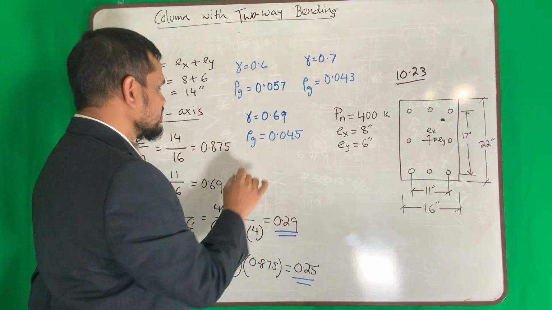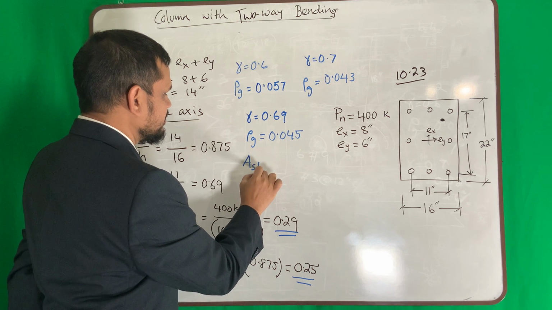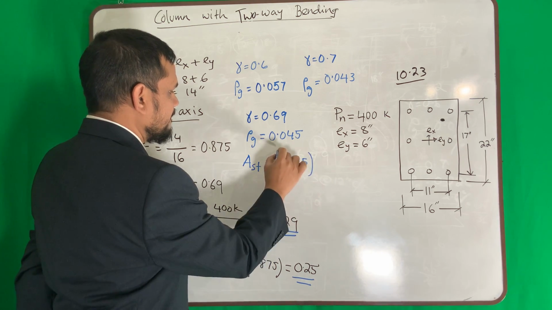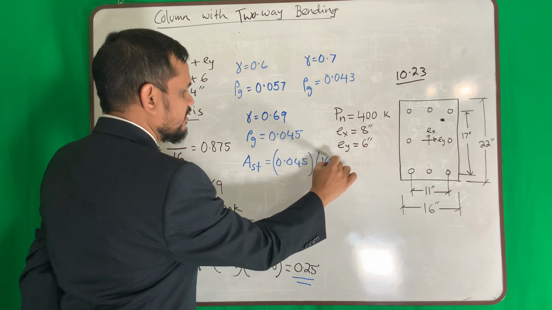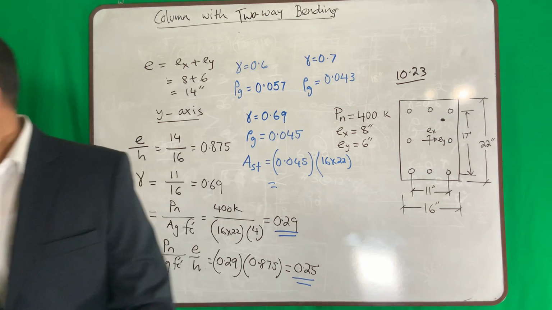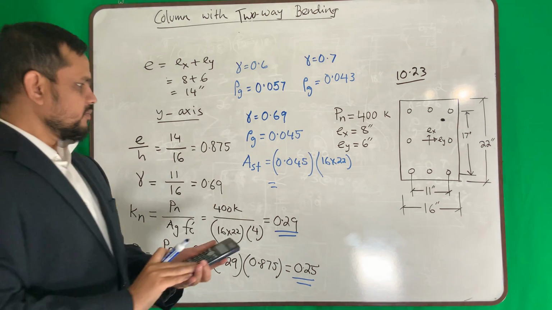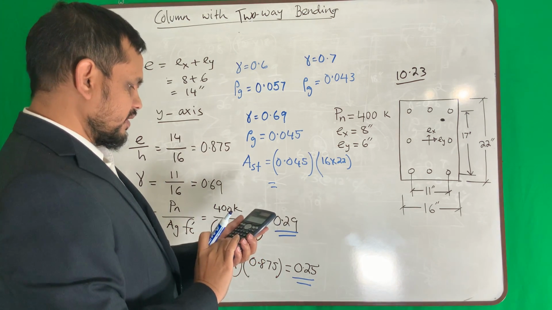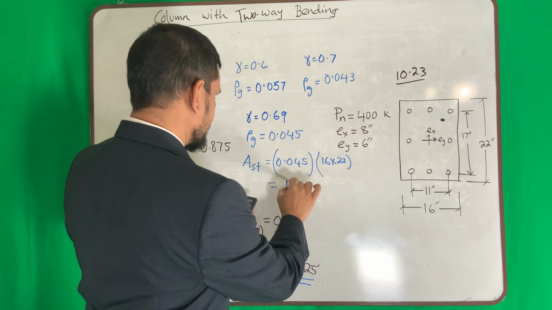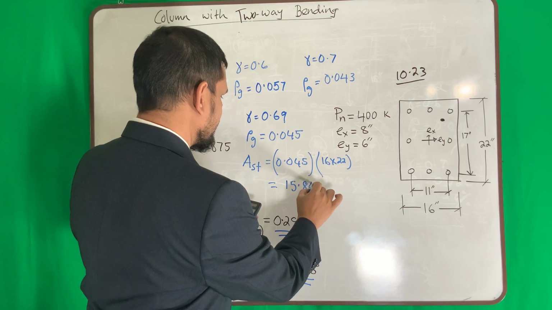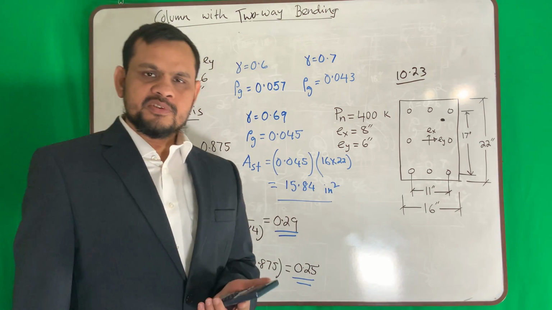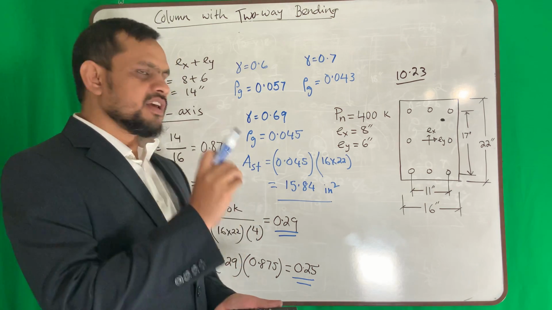So we got our rho g. Then what will be our reinforcement? 0.045 times my gross area. So if I do the calculation, 0.045 times 16 times 22, so 15.84 inch square.